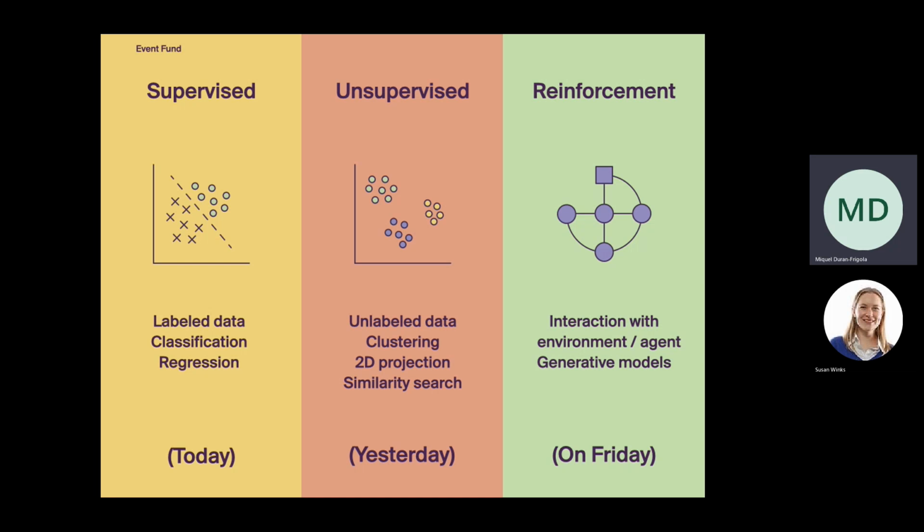When it comes to machine learning, I couldn't come up with an easier way of defining the field broadly. We have three families of algorithms, and I think that you need to remember this. This is perhaps the most important slide of the day. On one side we have what we're going to talk about today, which is supervised machine learning. In this family of algorithms, what we're trying to do is to classify or predict a certain label or activity.